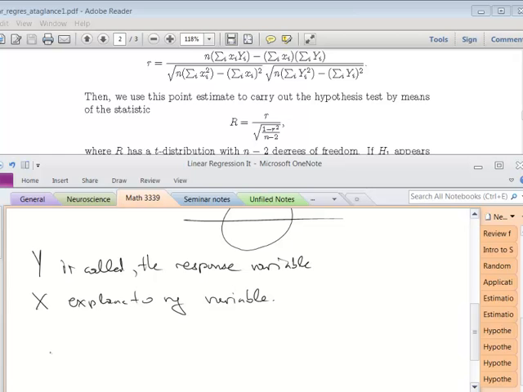X works more or less, not exactly as the cause, but we call it explanatory because the way x changes its values influences, or better said implies, a change of values for y. That's why this is called explanatory and this is called response.